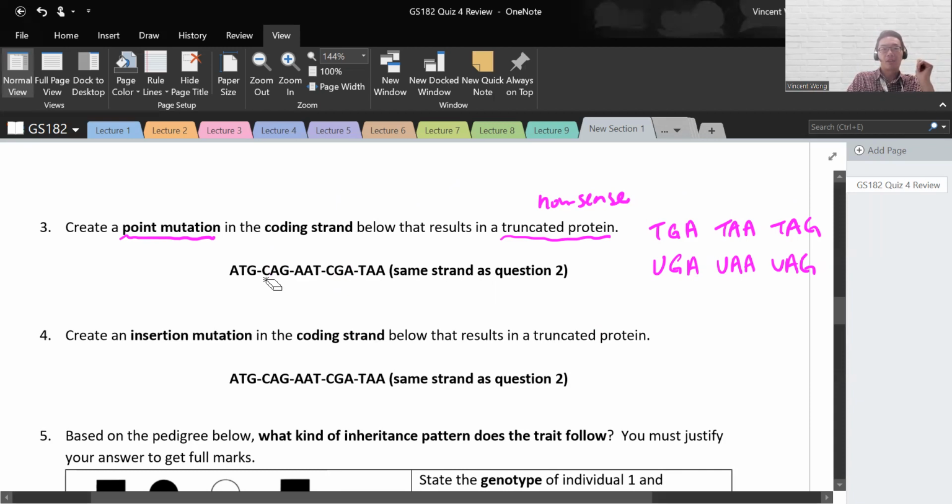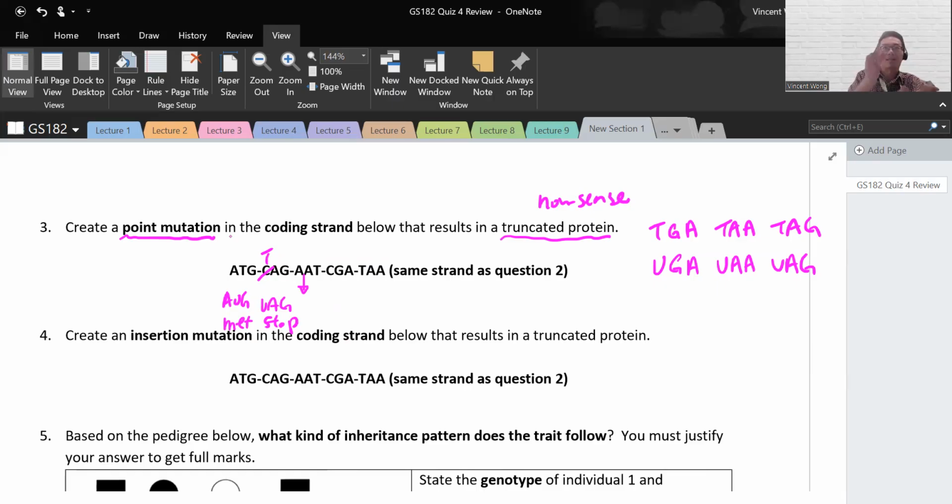So in this case here, right, CAG, we can mutate the C and change it to a T, right? So that's gonna be a stop codon, right? When the cell does the transcription, the TAG will become the UAG, and then when they do the translation, right, you will start with methionine because that's AUG, and then it would stop. Right? So that would be an example of how you can create a truncated protein, right? Essentially, the whole protein is gone, right?